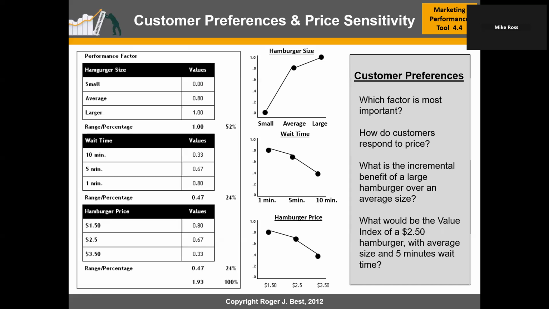When we look at the beta, or excuse me, the coefficients associated with each of the independent variables driving the dependent variable, let's say here the dependent variable is overall customer value, then we would say for this particular individual, half the reason why they are going to buy a particular hamburger from a particular brand is around the size.